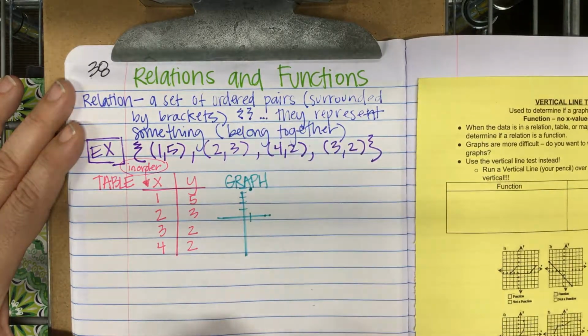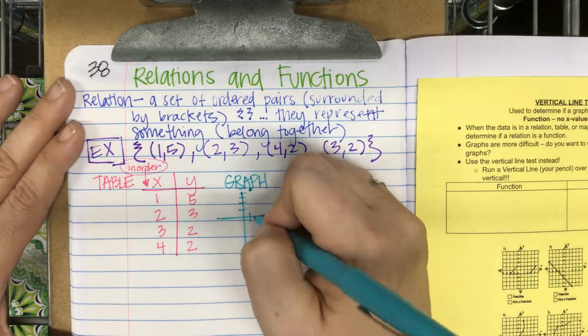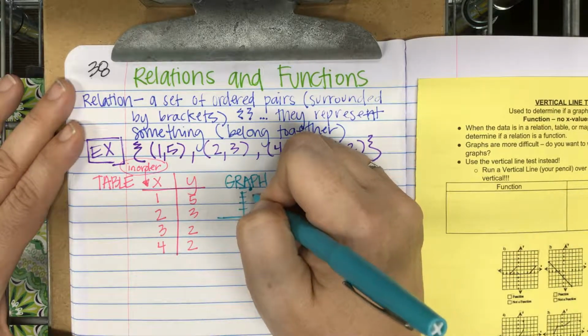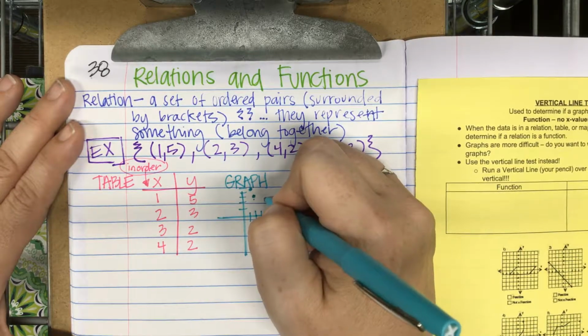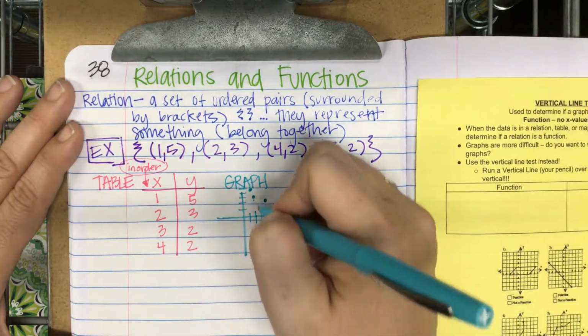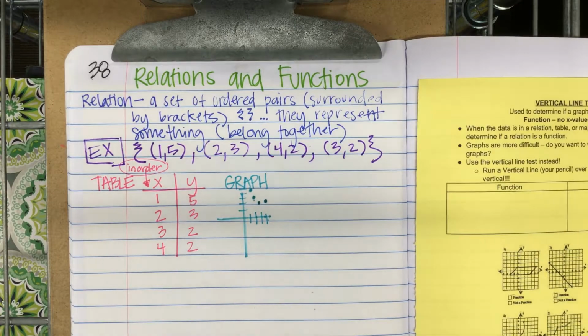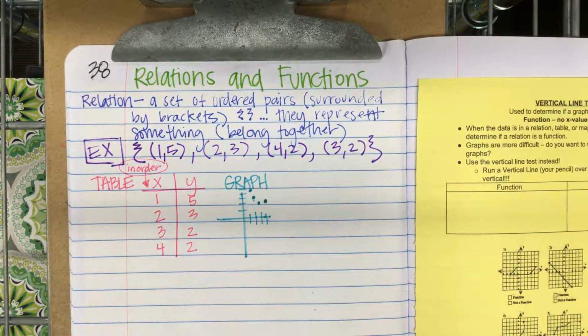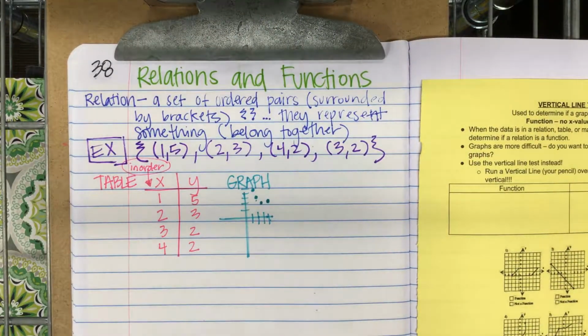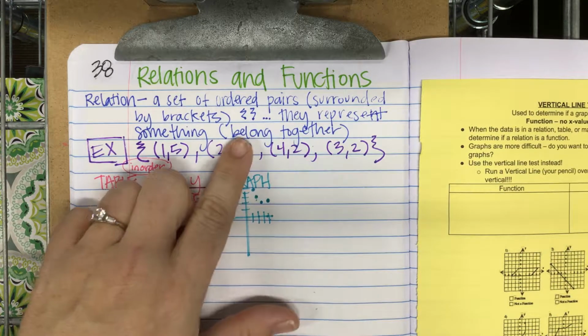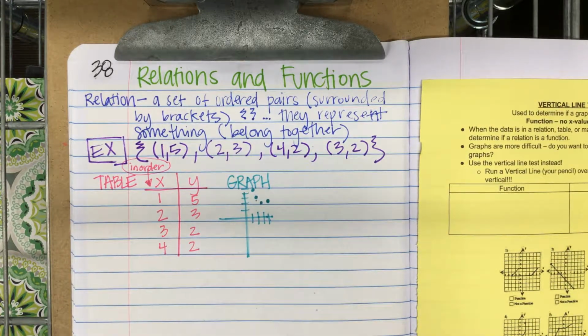I'm not spending a whole lot of time on this graph. 2, 3, 4, 2, 3, 2. Yes? We feel comfortable with graphing? I don't have to over-explain what a graph looks like? Okay. So you could take a relation and put a relation into a table. You could put a relation into a graph.